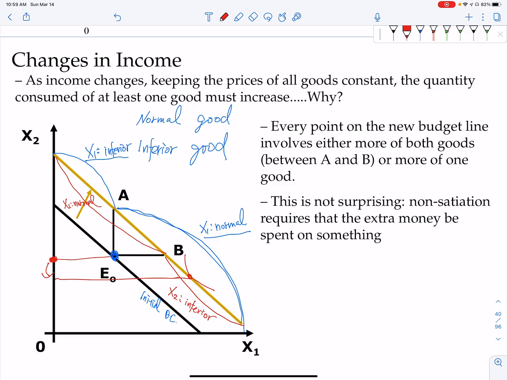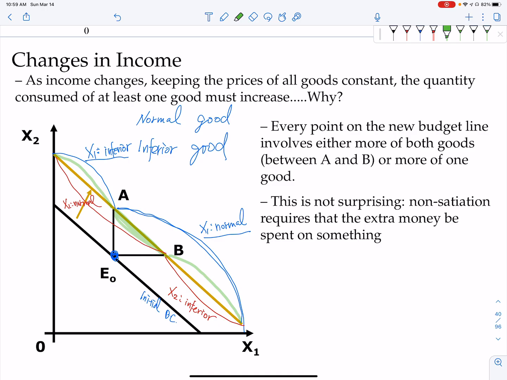That means X2 is an inferior good, right? So in summary, if you're here, both of them are normal goods, and if you're here, X1 is a normal good and X2 is an inferior good. And if you're here, X1 is the inferior good and X2 is the normal good, right?